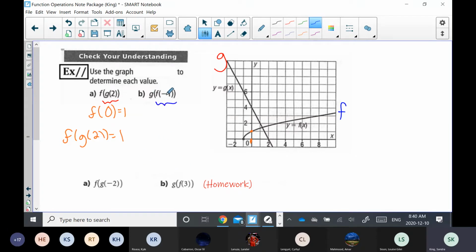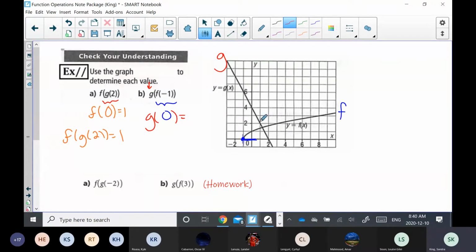So f at -1. Now I'm going to go to x is -1, which is right here. Where is that on my f graph? I'm actually right on the f graph. What is that corresponding y value? That corresponding y value is 0. Now I plug that into my g function. So g at 0.